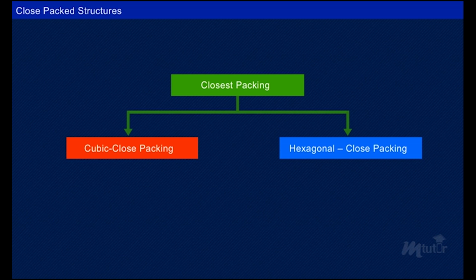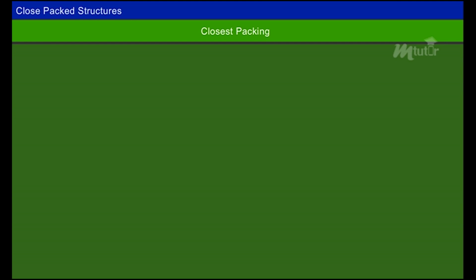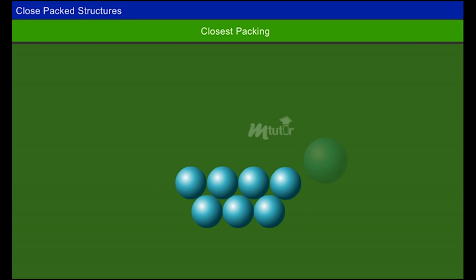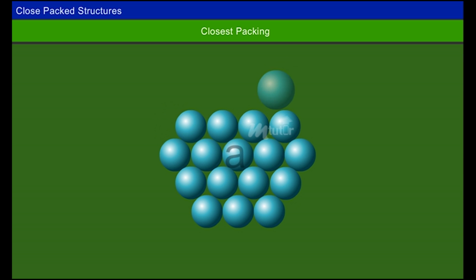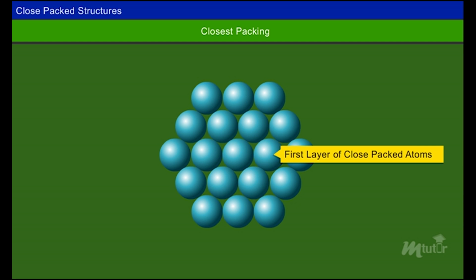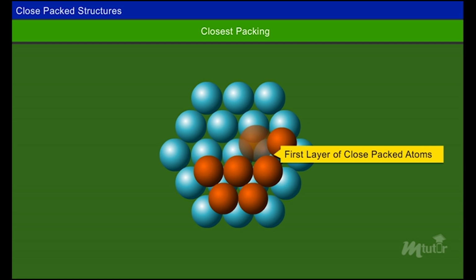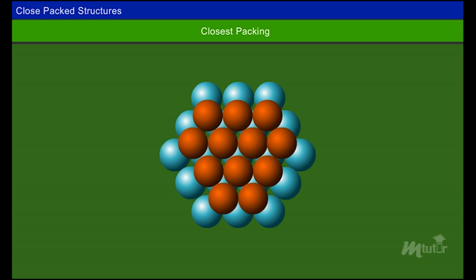Closest packing is further classified as cubic close packing and hexagonal close packing. Let us look at them in detail. In a close packed layer, we can arrange atoms with minimum space between them. Consider the atom A with surrounding atoms X. It has 6 as its coordination number, and a second layer of atoms can be placed in the depressions between them.